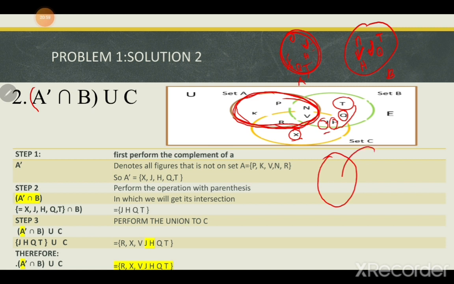The intersection of A prime and B is equal to J, H, Q, and T. This is your intersection: J, H, Q, and T. And the rest will be outside the circle.